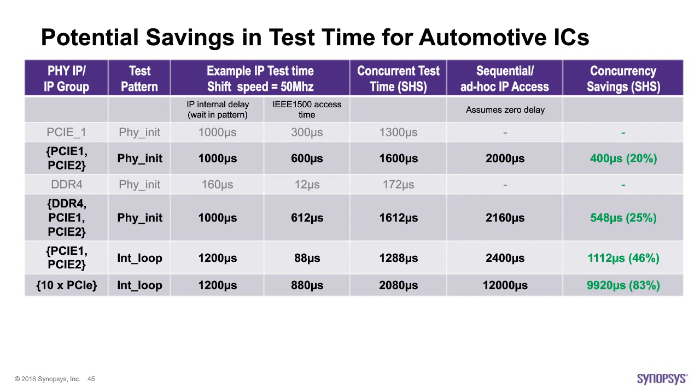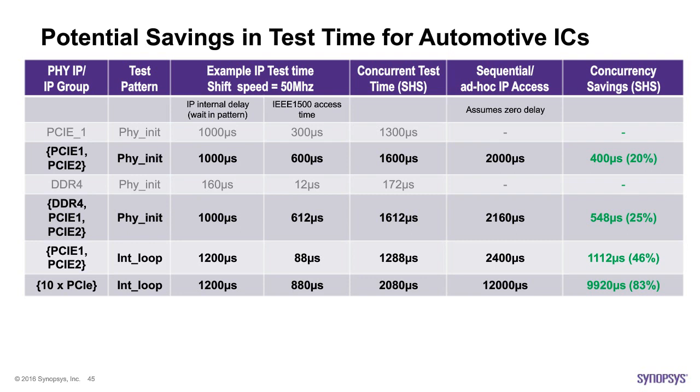And there's about 20% gain by doing them in parallel versus back to back. If I bring in my DDR4 with these two PCIEs and then run all three of them in parallel, I gain even more time. I have about 25% gain in test time by having these three IPs, in a simple case, running them together. If I have 10 of those, my gain will be drastically better.